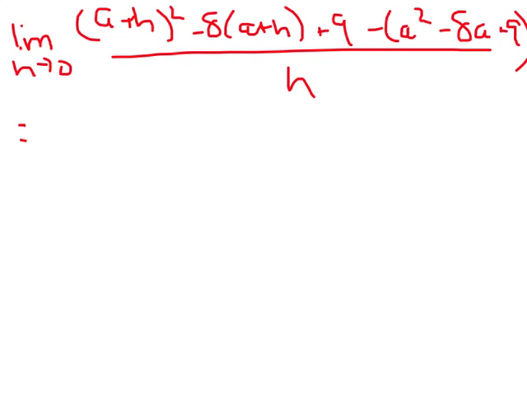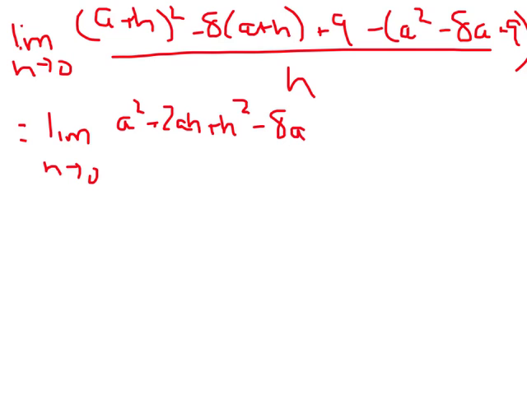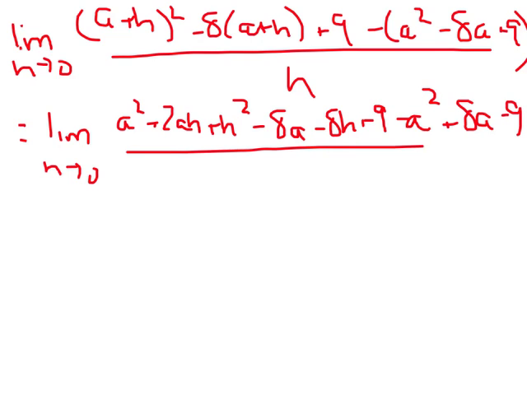Okay, so now let's simplify this. Limit as h approaches 0 of a squared plus 2ah. I might run out of room, so it's going to get a little messy. Minus 8a minus 8h plus 9. Now distribute your minus sign through, all over h. Now, as messy as that was, let's see what happens.